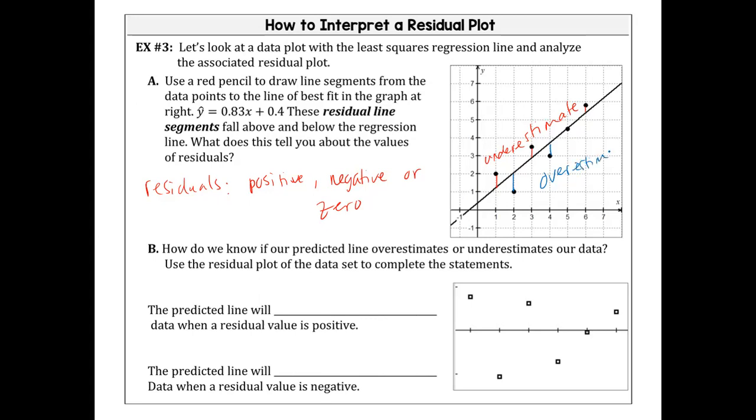Because the line is what we estimated, and so if the point is here and we predicted it would be here, so this is your overestimate. The blue, the red is your underestimate.